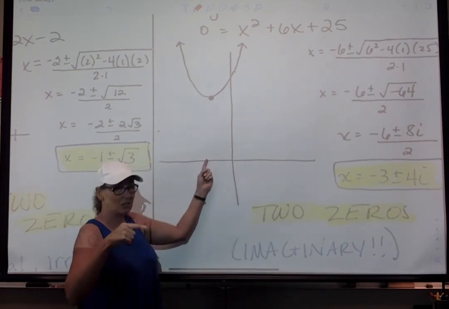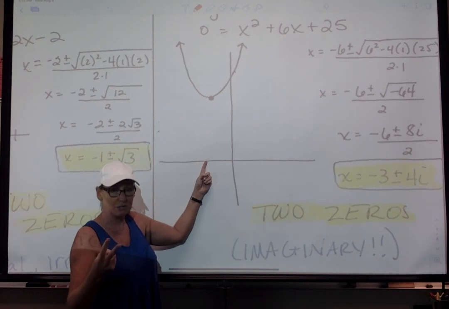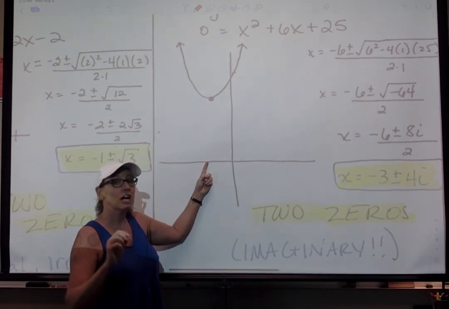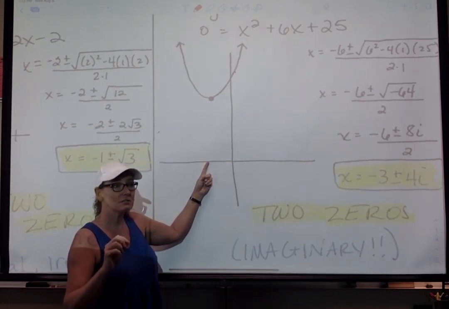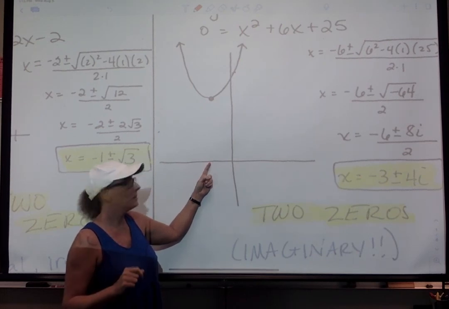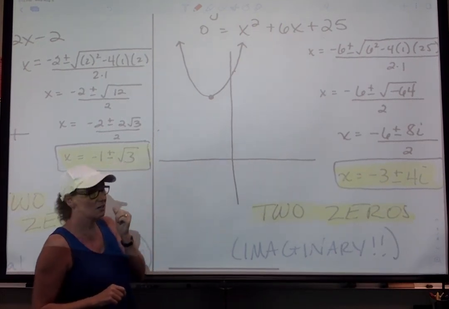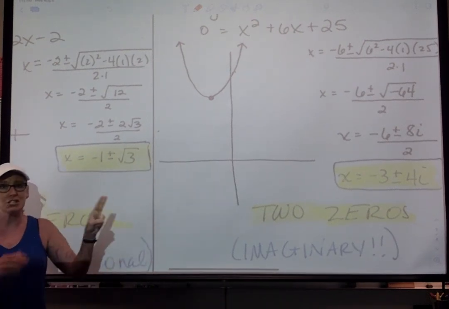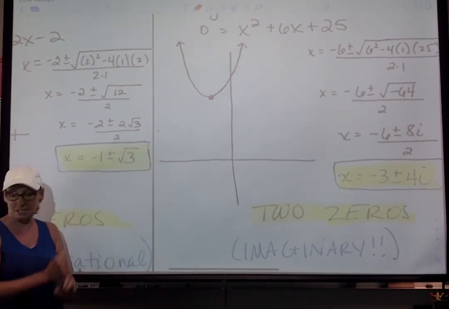It either crosses twice, 2 real, touches, 2 real, but it's the same one repeated, or it doesn't cross at all, 2 imaginary, okay? Imaginary solutions are always going to come in pairs.